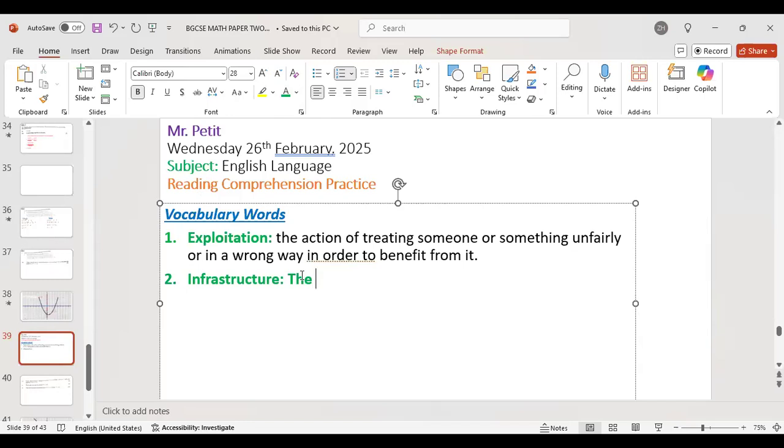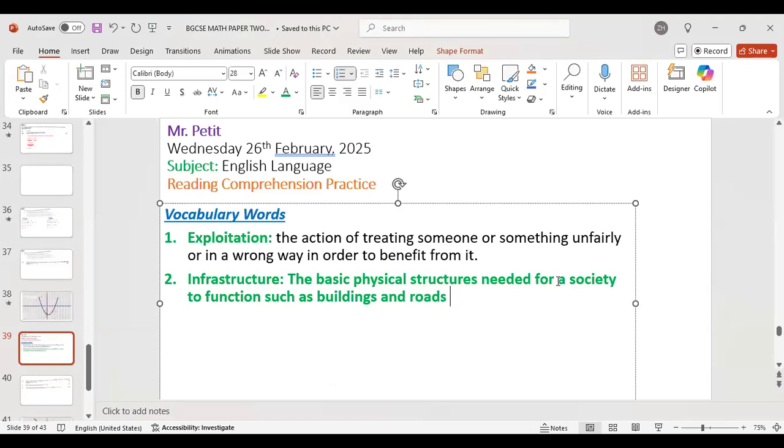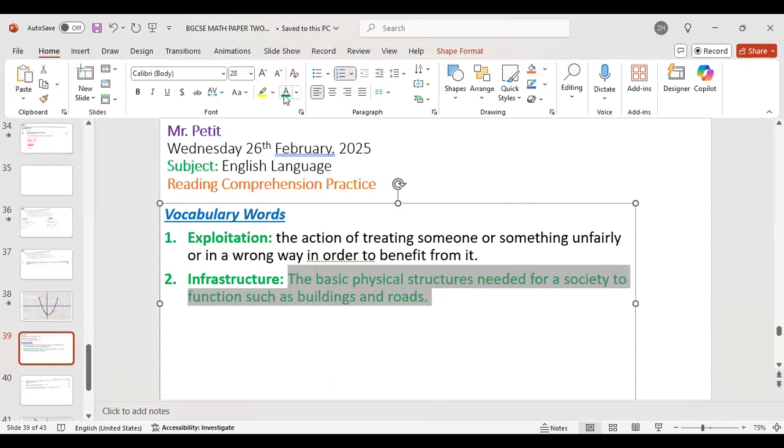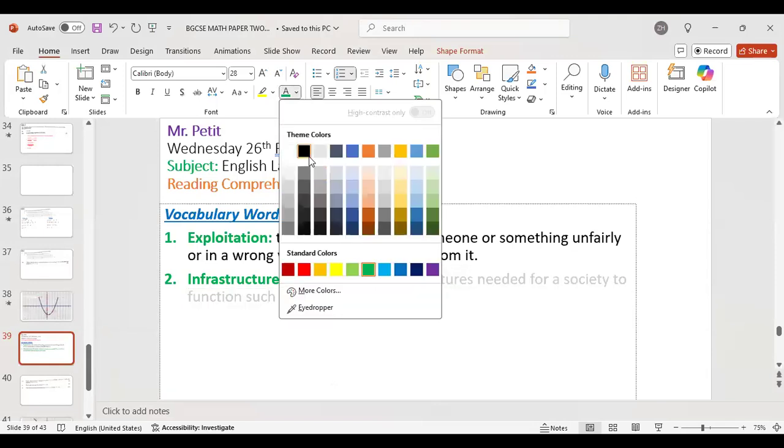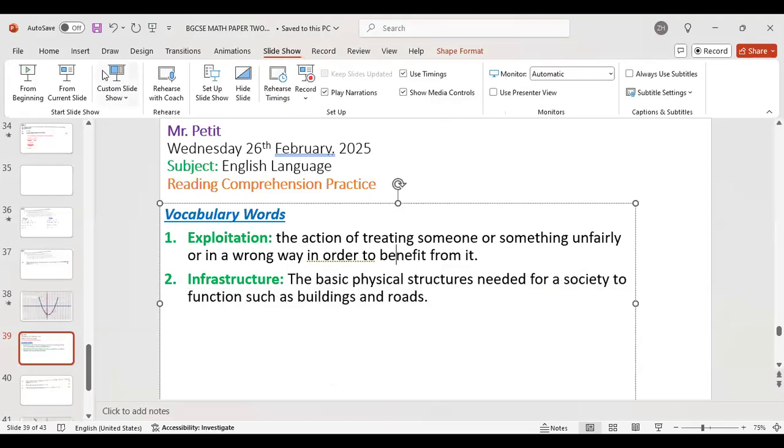So it's not only buildings, but it's the basic physical structures needed for a society to function, such as buildings and what? And roads. So roads is an example of infrastructure. So what are the two vocabulary words that we have so far? Exploitation and infrastructure.